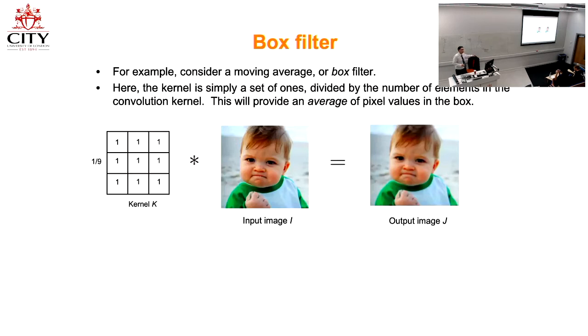I have an input image, and I have a kernel, which is all ones divided by 9. What is your feeling about this filter? What is it doing? It's close to summing, but I have 1 over 9. So if you have 9 values, add them and divide them by 9. What are you doing? Yeah, averaging. Yeah, finding the mean.